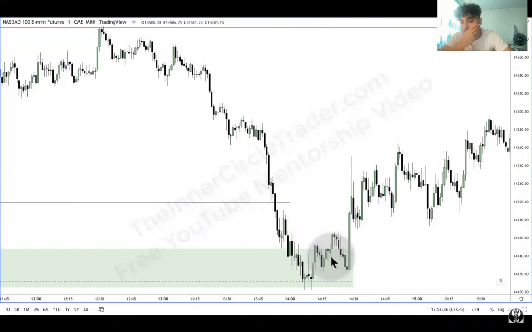Now, we don't know if this is going to be the closing parameter for a daily fair value gap. We don't need to know that yet, but this is a likely scenario to go long, and we can look for a run back up into this range here, or run the buy stops above here, or maybe inside here. Sloppy run, but nonetheless, it's still pressing higher.